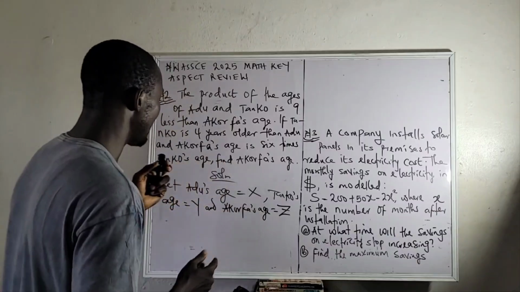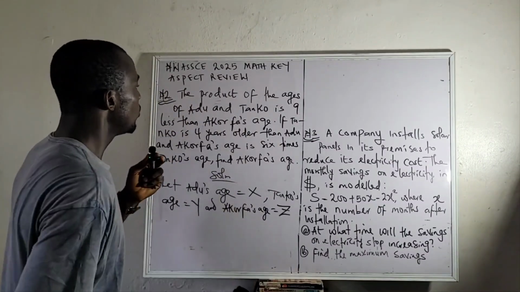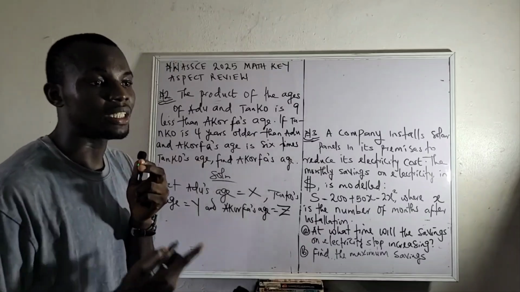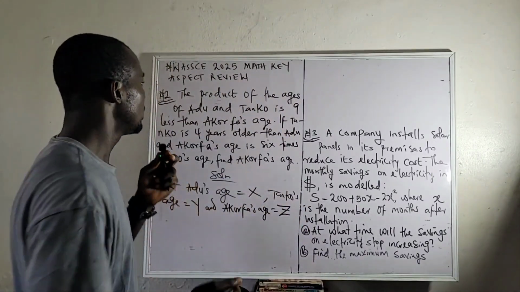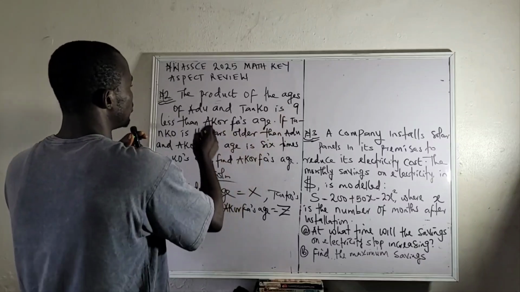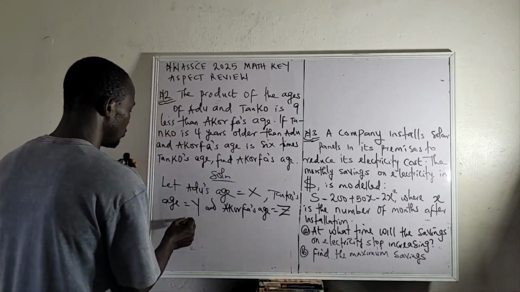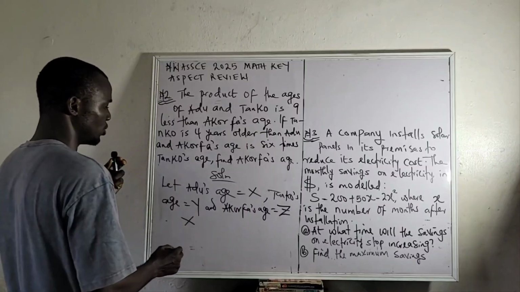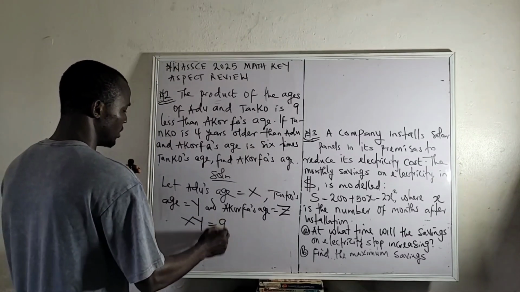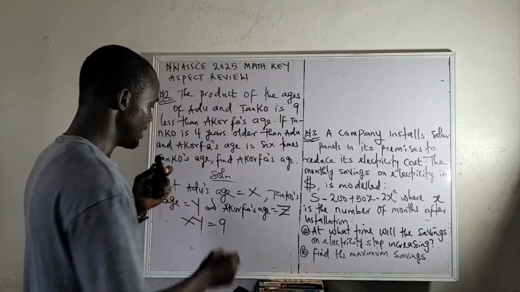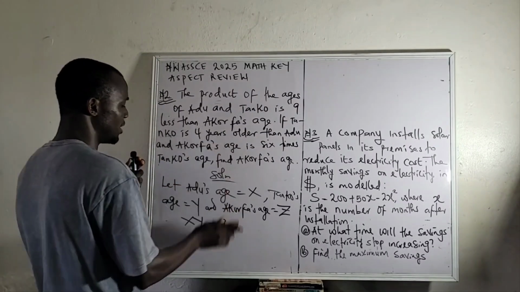So now that we know that Adu's age is X, Tanko's age is Y, Akofa's age is Z, we can now go back to the question and begin to represent it in equation. The product of the ages of Adu and Tanko. Product means multiplication. They are saying when you multiply Adu's age and Tanko's age, you will have 9 less than Akofa's age.